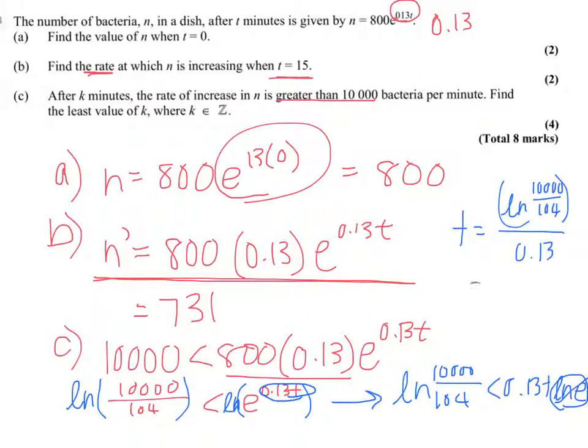And with this you get like 35.122 something, and it says the least value of k, and k has to be an integer, so the next integer would be 36, and that's your answer.